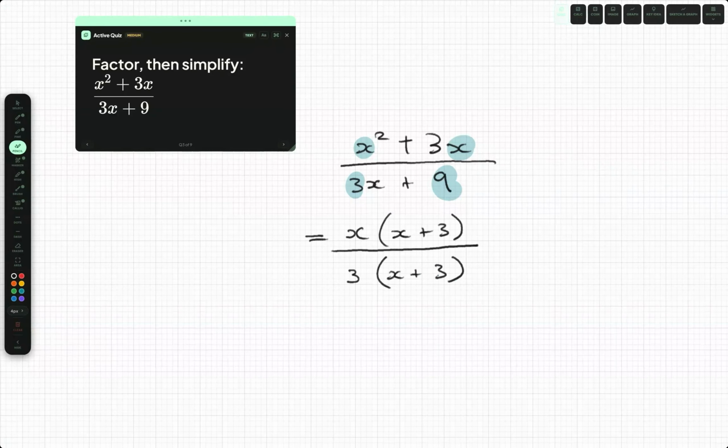And on the whole, again, I have this common factor. Remember, these are multiplied. And because of that, I can cancel both of them. They're both being multiplied by the same thing, which means I can divide both the numerator and the denominator by it to get x over 3. And that's a lot easier to work with, and that's why we have to do this.